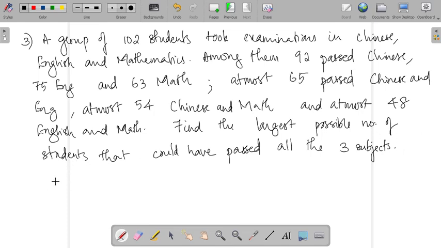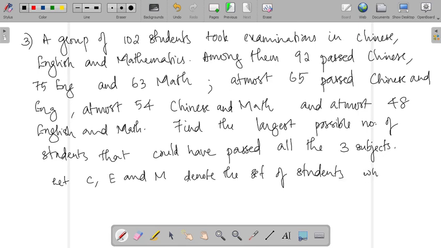So, solution. Let us denote the sets by C, E and M. Denote the set of students who took Chinese, English and mathematics respectively.